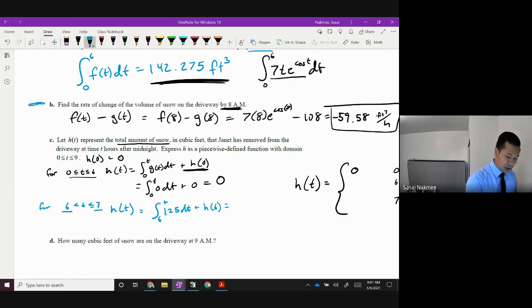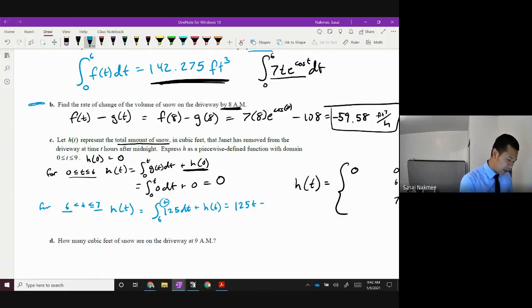So when we do this integral of 125, I'm hoping you guys can see it, it's going to be 125 times T minus 125.